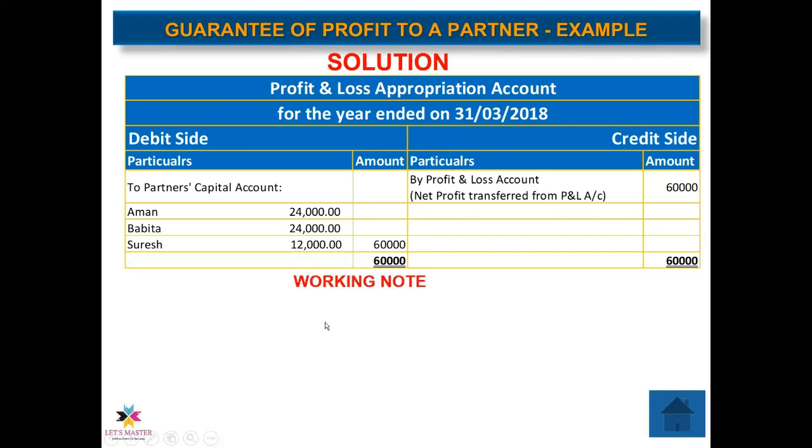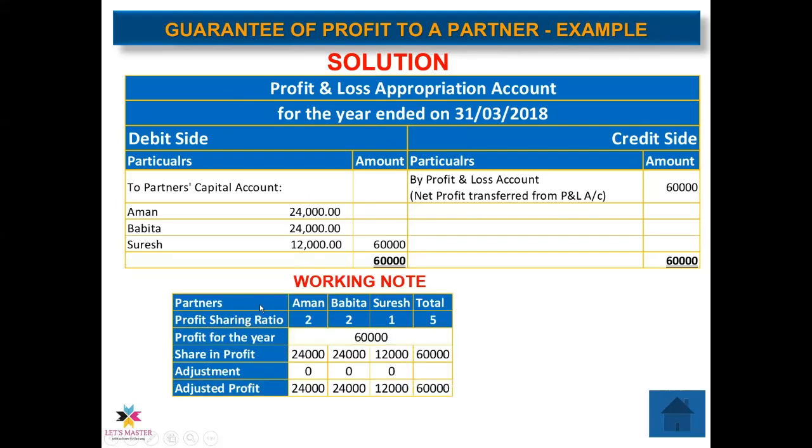But let's look at the working notes. Again, the same partners, same profit sharing ratio, but this year the profit is rupees 60,000. So when we distribute this 60,000 among the partners in the ratio of 2:2:1, their share in profit comes out to be 24,000, 24,000, and 12,000.